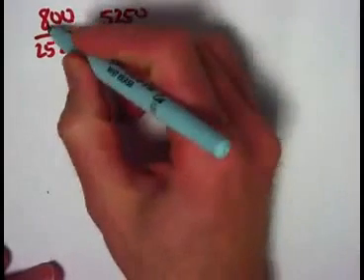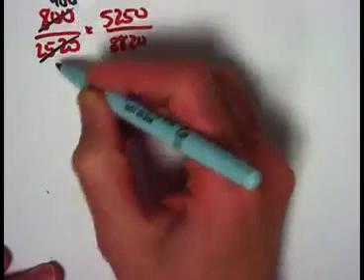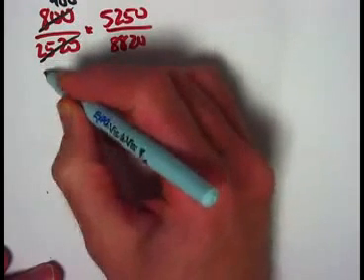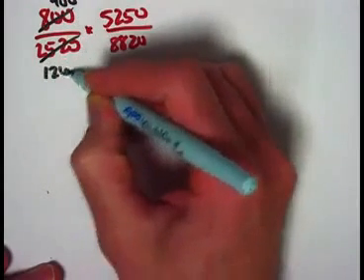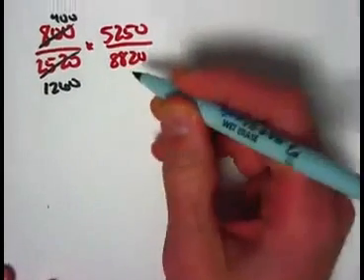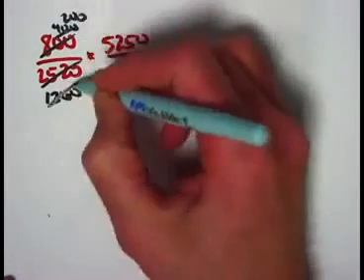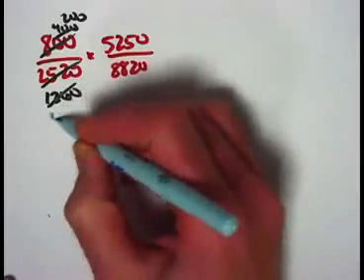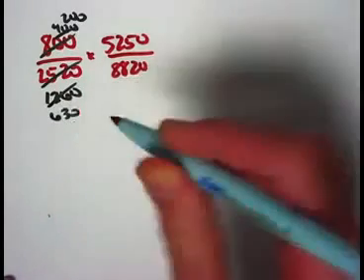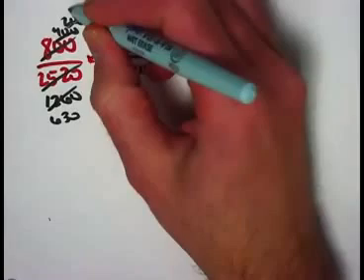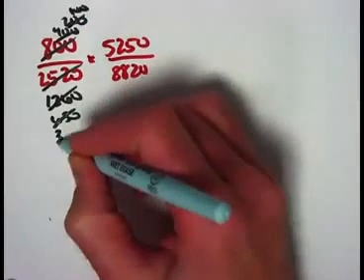For example, I can cancel the 800 with the 2520, divide them both by 2 to get a 400 over 1260. Then I can cancel the 400 with the 1260, divide them both by 2 to get 200 over 630. Continue dividing by 2, 100 over 315.